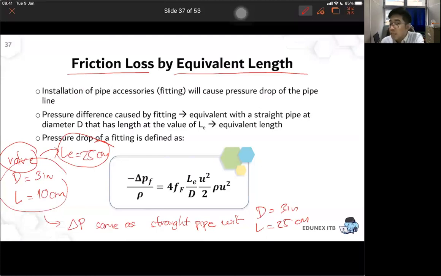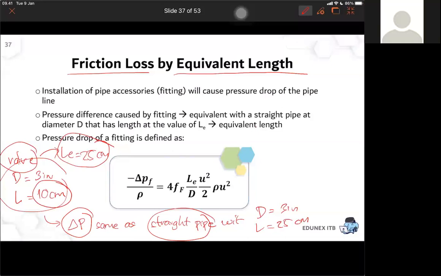So this valve has an equivalent length of 25 centimeters. Okay, can be understood, right? So the equivalent length of a fitting is not the length of the fitting, but the length of the straight pipe that causes the same pressure drop as the fitting. That's the concept of equivalent length. So there aren't any more complicated formulas that we have to remember, right, sir?